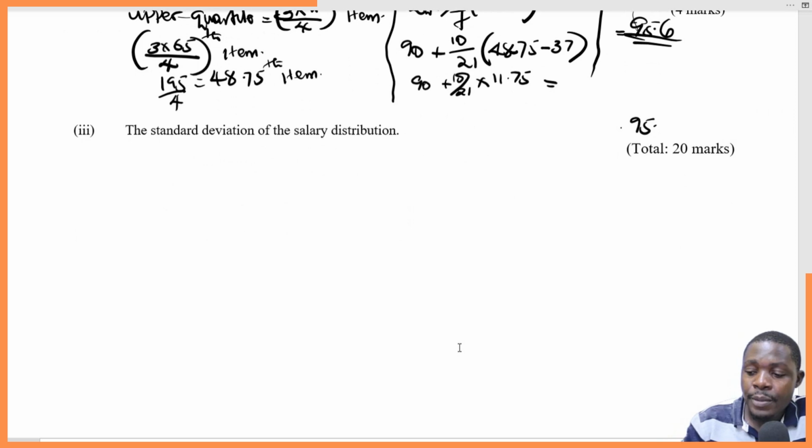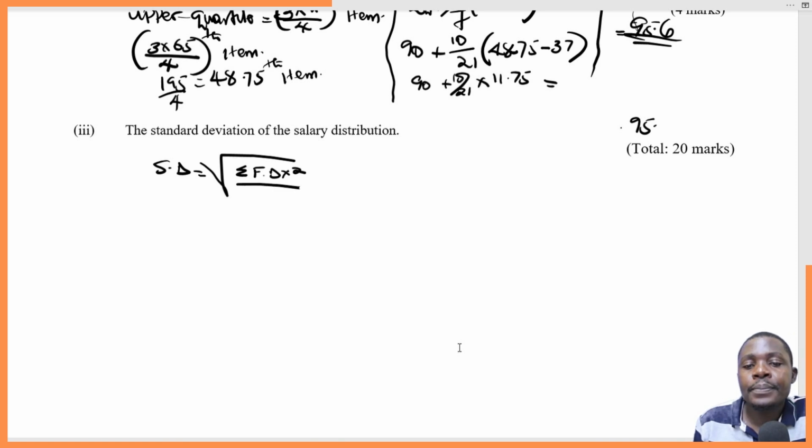Let's present the formula for standard deviation. Standard deviation is computed as the square root of the summation of f dx squared over the summation of f.